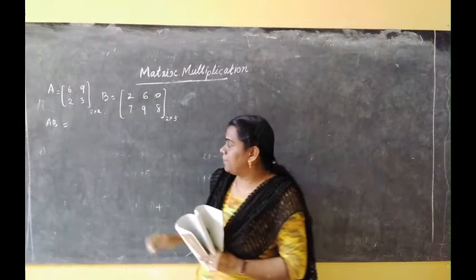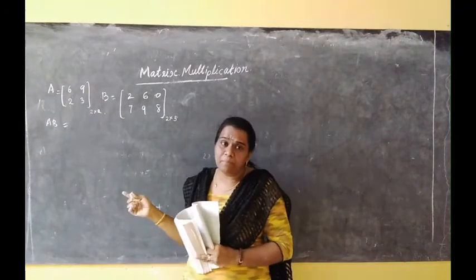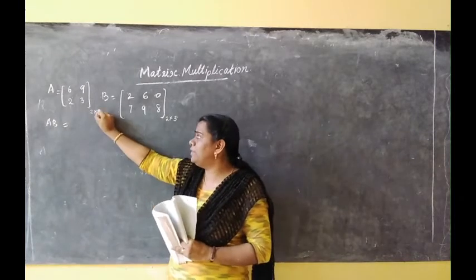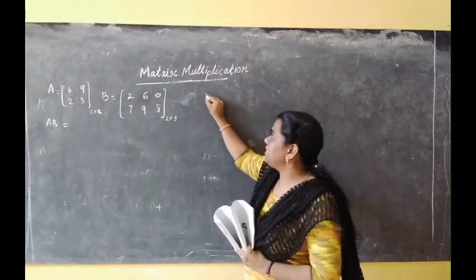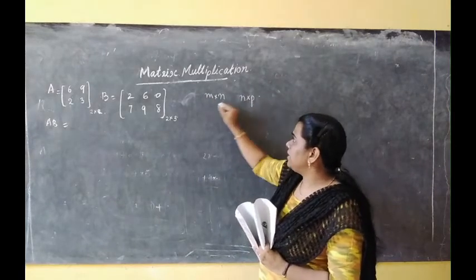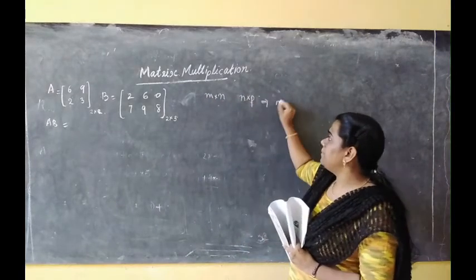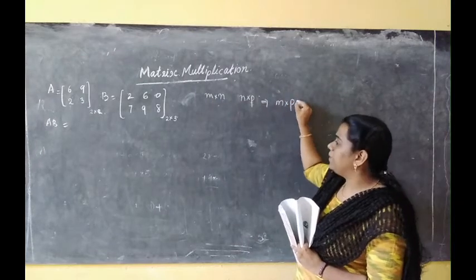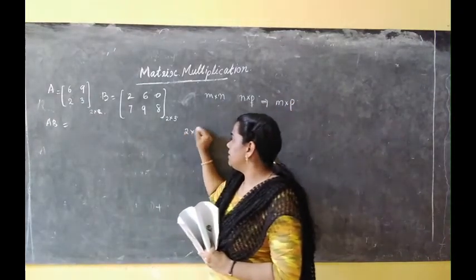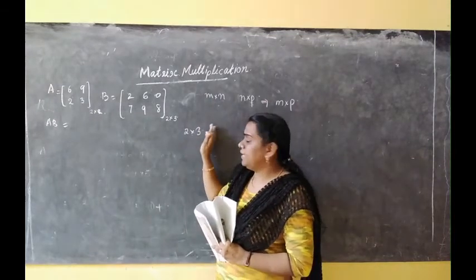What will be the order of the product? If the matrix is in the order m by n and we multiply it by another matrix of order n by p, the resultant matrix will be in the order m by p. Here m is 2, and p is 3, so the resulting matrix will be in the order 2 by 3.